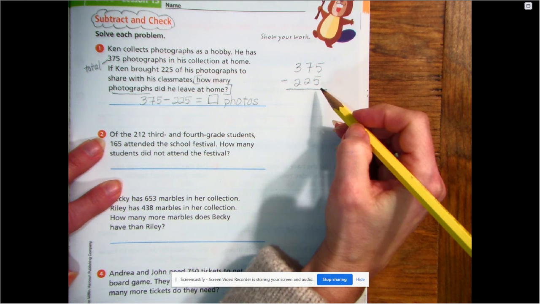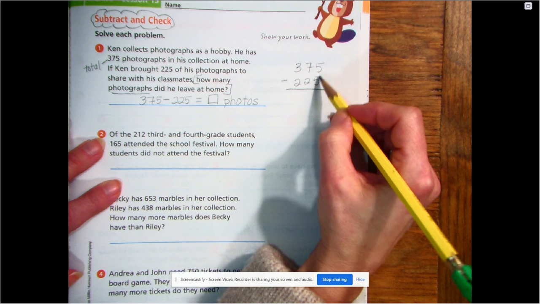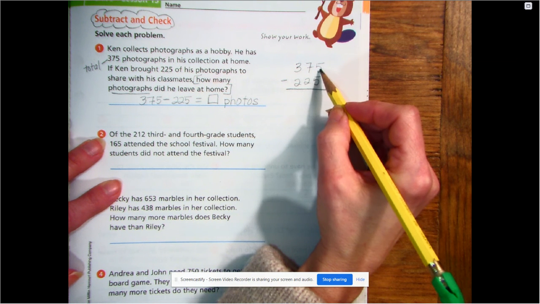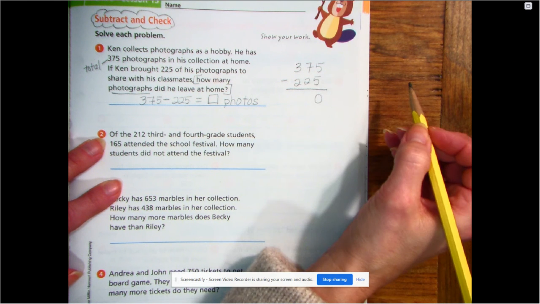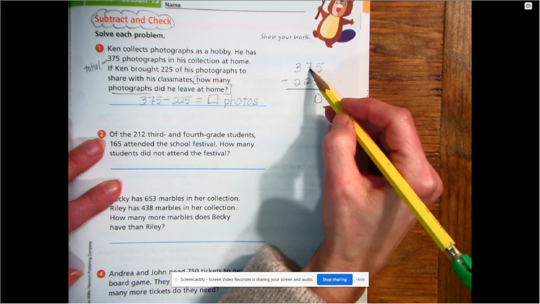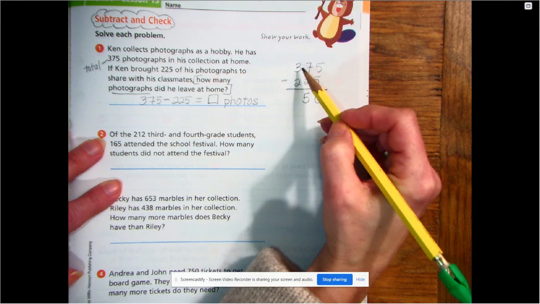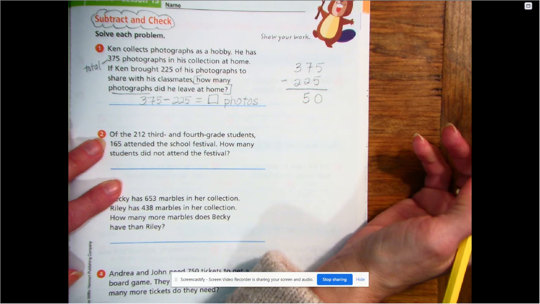Okay, think about that poem. When we're subtracting, is there more on the floor? No, look at the number's the same. 0 is the game. I didn't need to ungroup anything, right? I have 7 tens. Can I take away 2 of them? You bet. Okay, if I have 3 hundreds, can I take away 2?